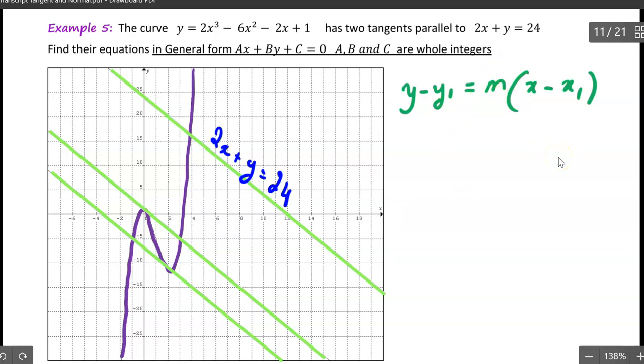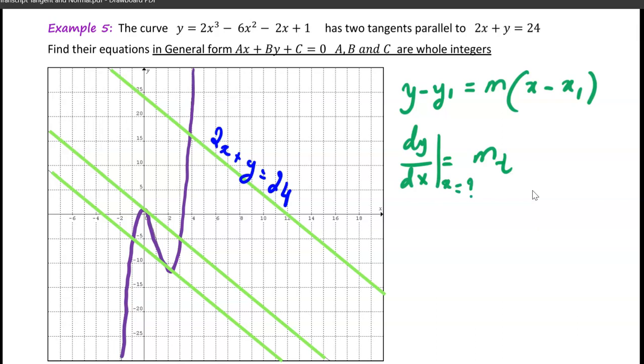You have to differentiate: dy/dx equals the m of the tangent line. If you evaluate this at a certain value of x, you can find the value for the slope of the tangent.